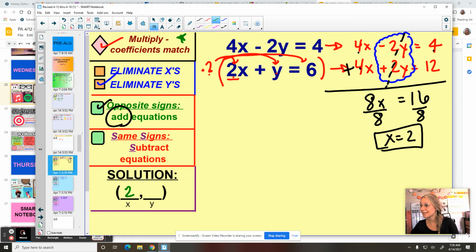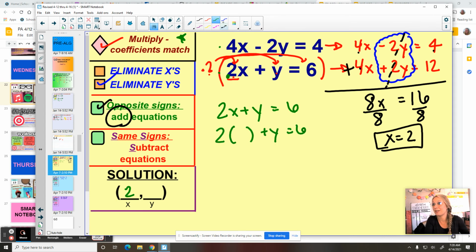Now I have x, I just need to solve for y. You can use either equation to do so. I always go back to my original ones. Yes, it's okay that we multiplied over here, but when I'm checking and trying to find my other variable, I always go back to my original equation. So I'm just going to use my second equation. And instead of x, I'm going to plug in the solution that I just got.